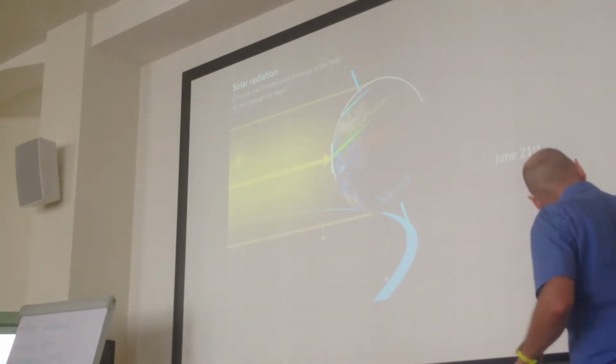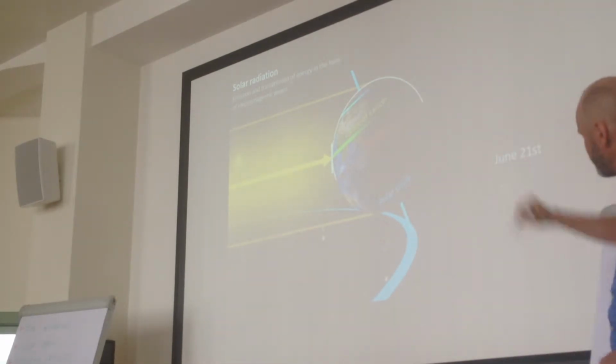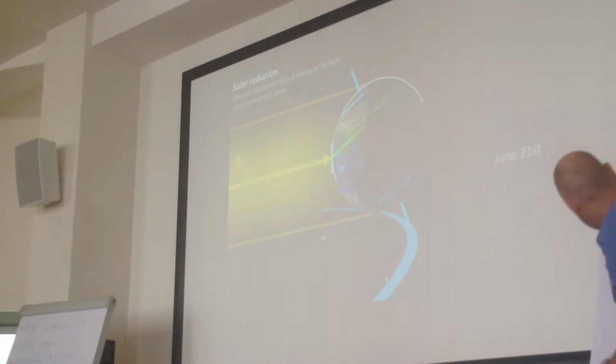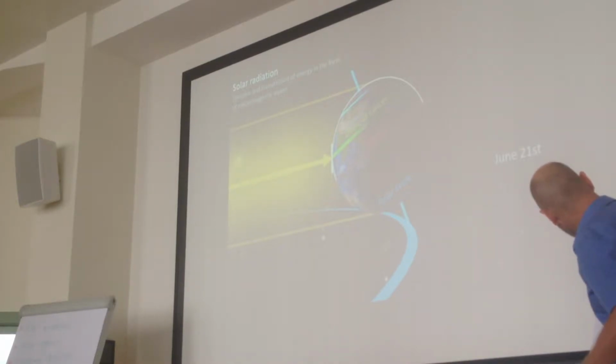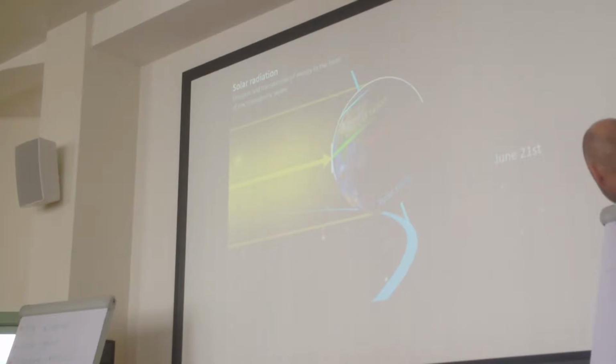For instance, if we have here, again the Earth, like the sketch here, the sun is inclining, let's say, on the equator in a vertical angle. We are, let's say, somewhere here, and the angle of incidence here is not 90 degrees, but let's say 30 degrees.